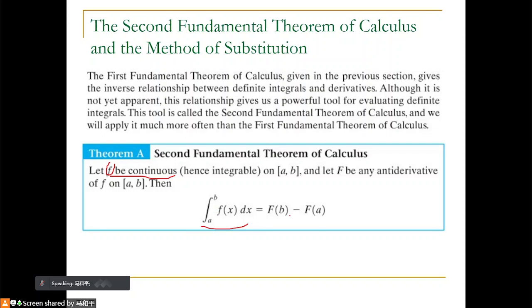So it's F(b), the value of F at the upper limit, minus the value of F at a: F(b) minus F(a).